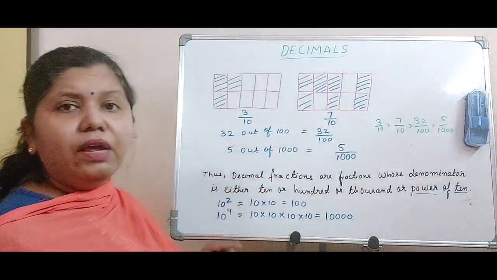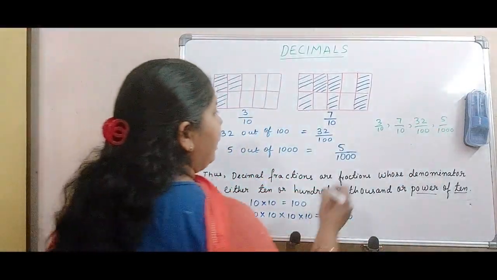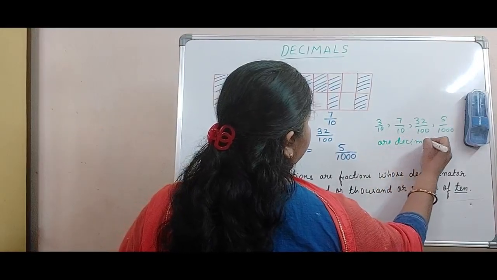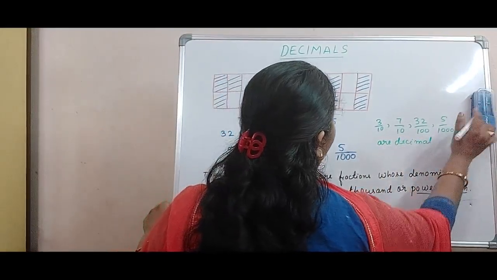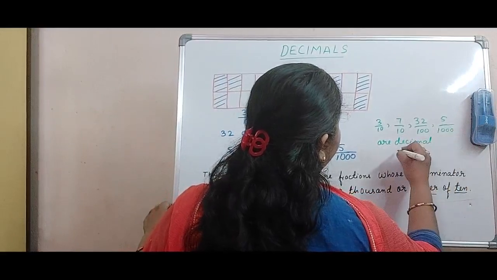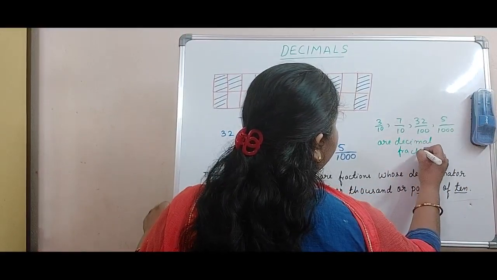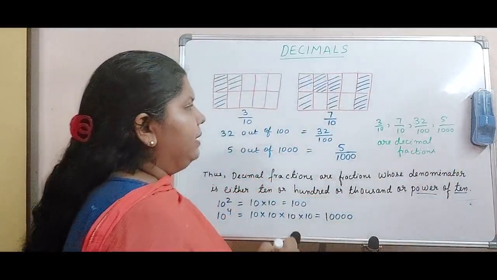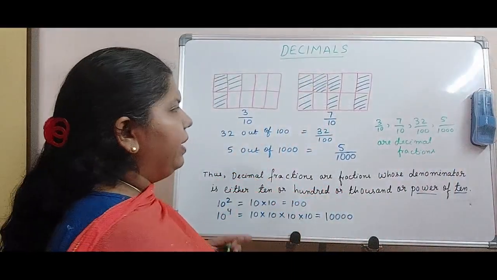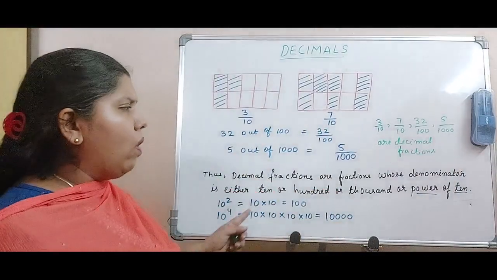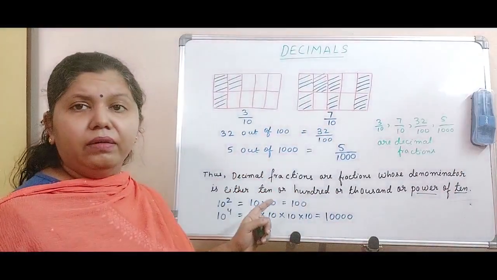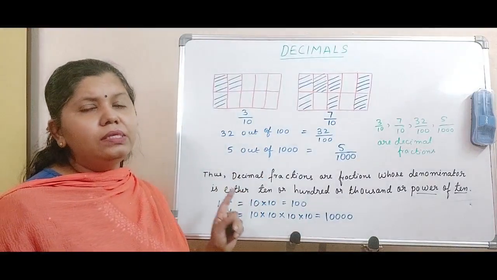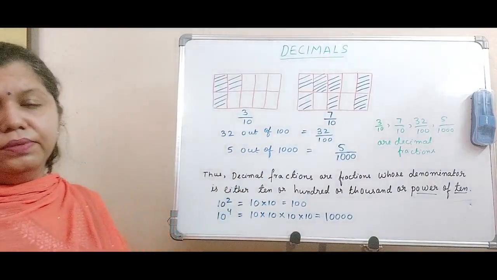These fractions are decimal fractions. Why are they called decimal fractions? Because the denominator is either 10 or 100 or 1000 or any power of 10. I hope you have understood what decimal fractions are.